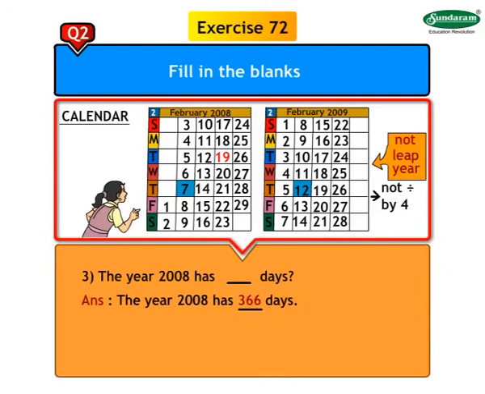Solution. 2008 is divisible by 4. Hence, it is a leap year. So, it has 366 days. Thus, the year 2008 has 366 days.